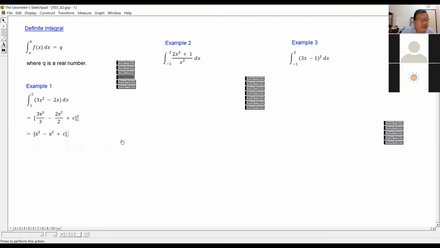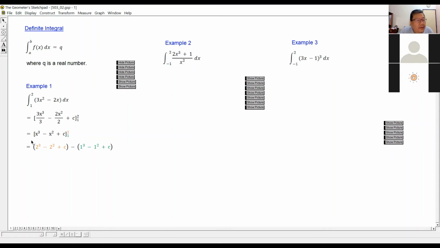Now, what you're supposed to do is the number 2, you substitute into this function and group them inside one bracket. The number 1, you also substitute into the same expression, and you group them in another bracket.